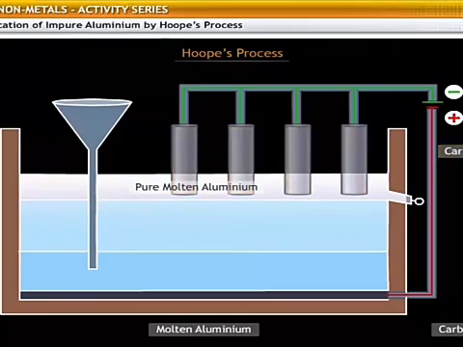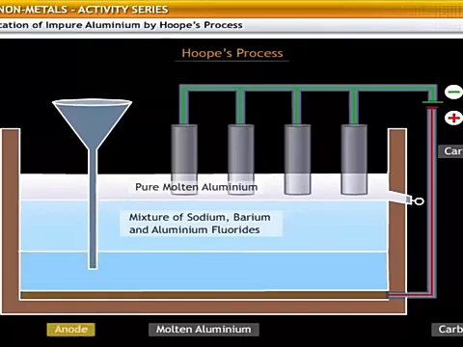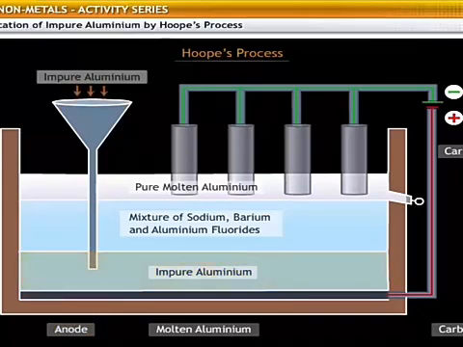The middle layer, or the electrolyte layer, consists of a molten mixture of sodium, barium, and aluminium fluorides. The third layer is the bottom layer. Along with the carbon lining, it acts as the anode for the electrolytic cell. The bottom layer contains impure molten aluminium obtained from Hall and Heroult's process.